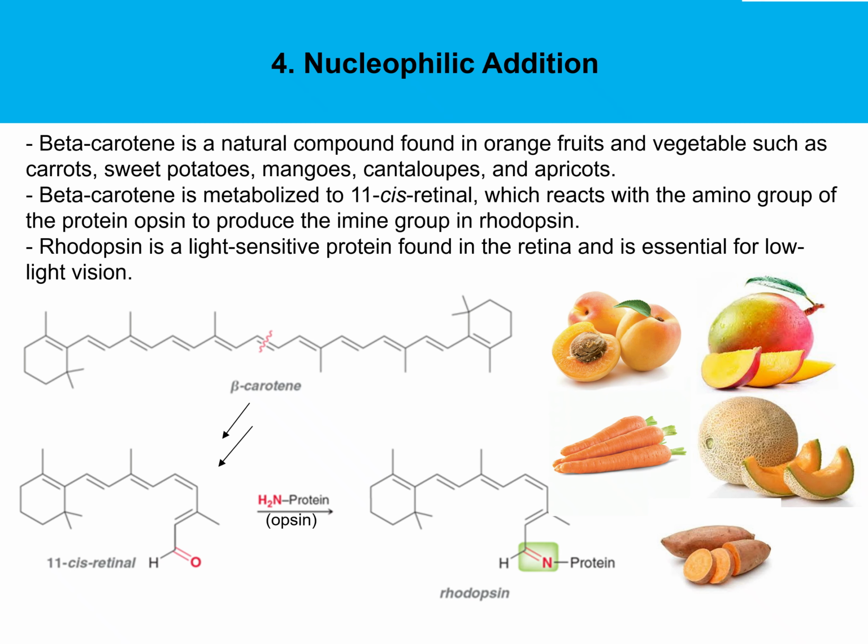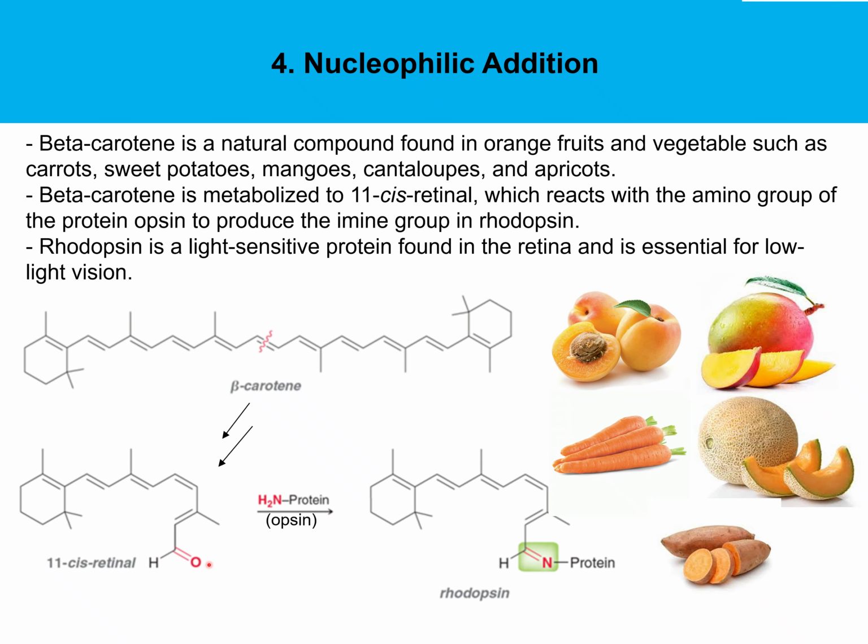Beta-carotene is a natural compound that has multiple double bonds that are conjugated to each other. This conjugation gives beta-carotene an orange color, and many fruits and vegetables like carrots and mangoes and cantaloupes have this orange color due to beta-carotene. Beta-carotene is converted in our bodies into cis-retinal by an oxidation reaction that gives the product an aldehyde.